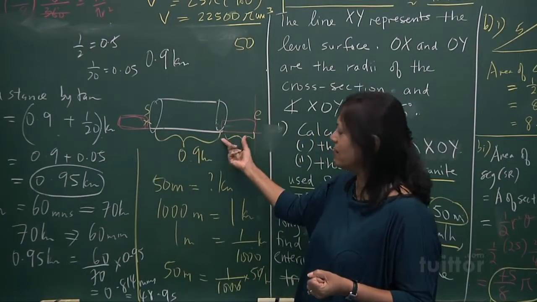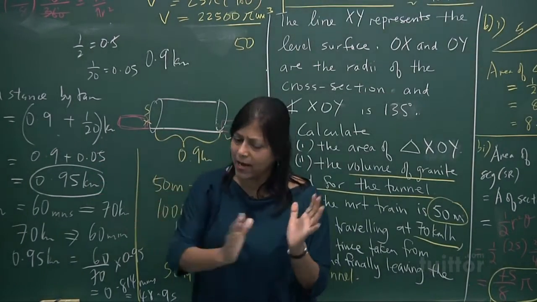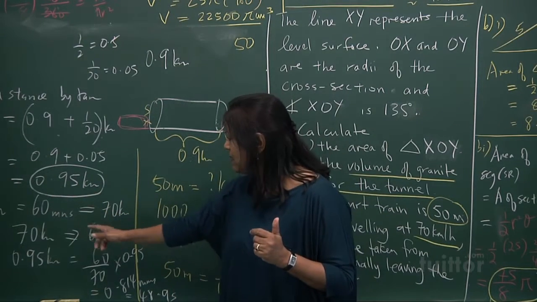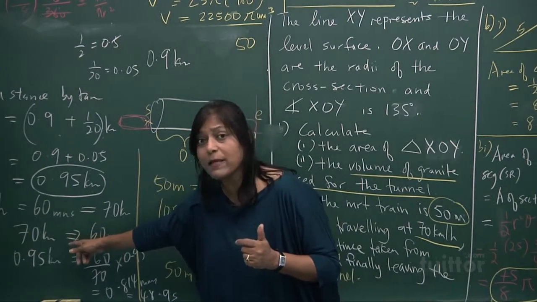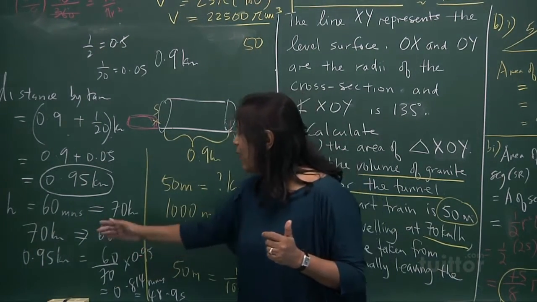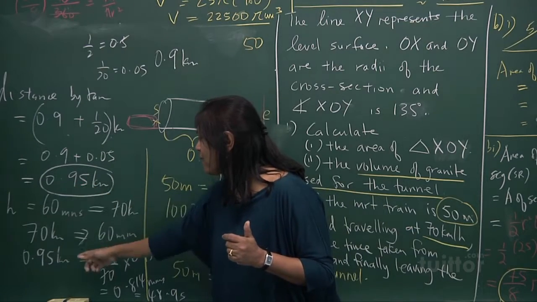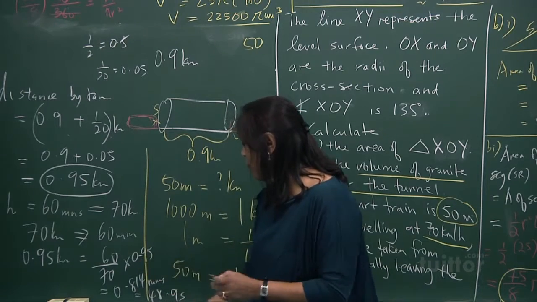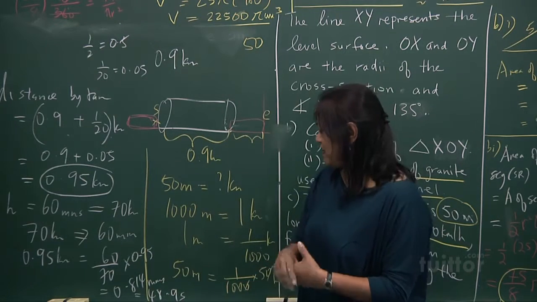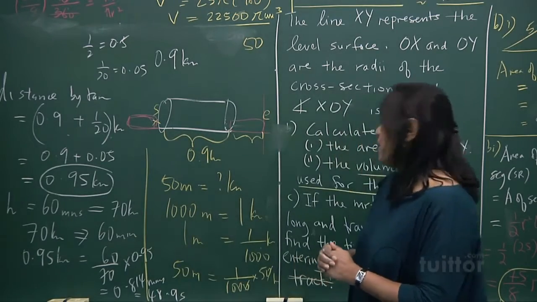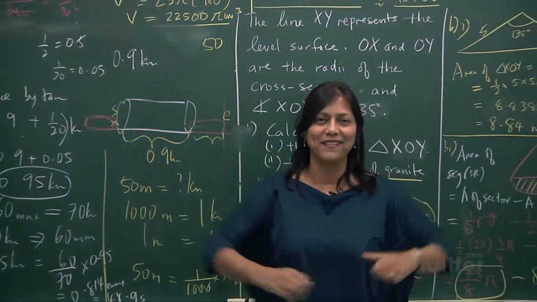That's the distance the train is going to travel. 70 kilometers in 1 hour, that's 60 minutes. So how long does it take for 0.95 kilometers? You divide by 70, multiply by 0.95, you get 0.814 minutes, which is 48.9 seconds.